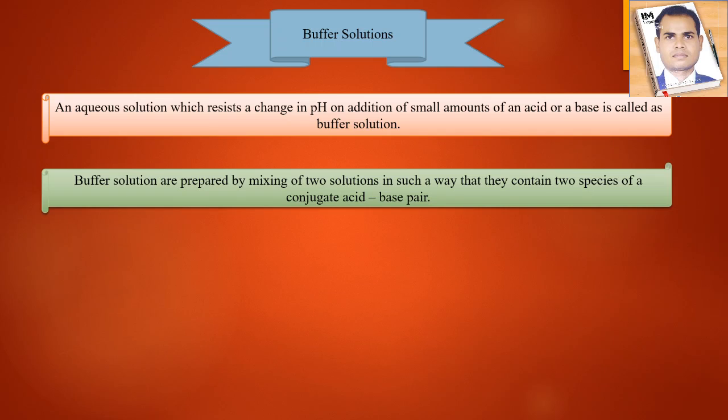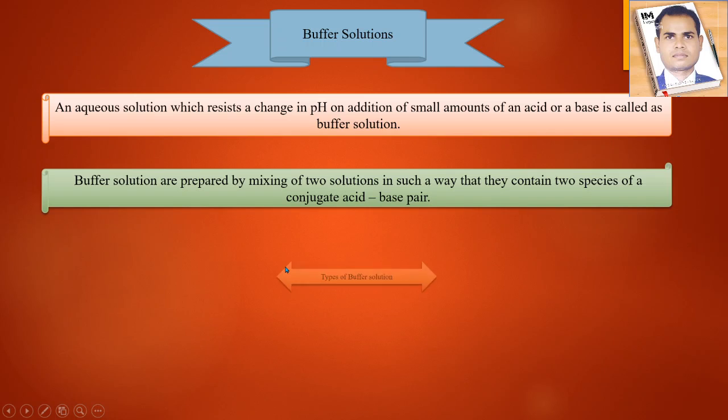Buffer solutions are prepared by mixing two solutions in such a way that they contain two species of a conjugate acid and base pair. So two different solutions are mixed together, after that you get the buffer solution, and the two species will be a conjugate acid-base pair.